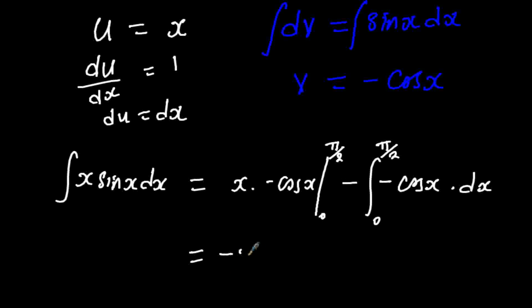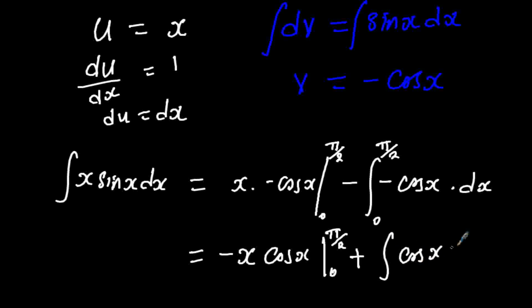So this will be negative x cos x from 0 to pi over 2, then minus, this minus and minus changes this to positive, the integral of cos x dx.